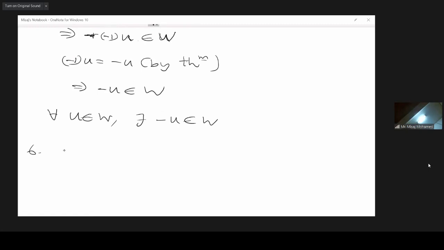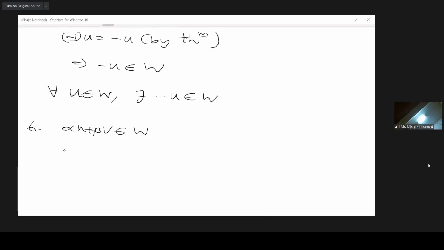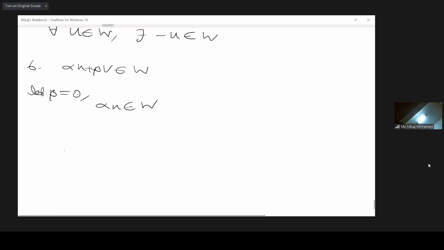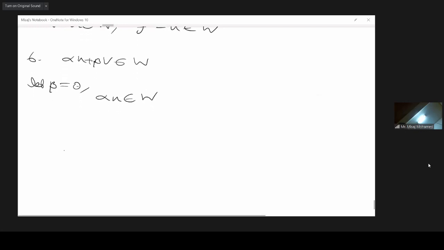Alpha u plus beta v is in W. Let beta be equal to 0. Then alpha u is in W. So closure under scalar multiplication: alpha u for all u is in W. Is that okay?